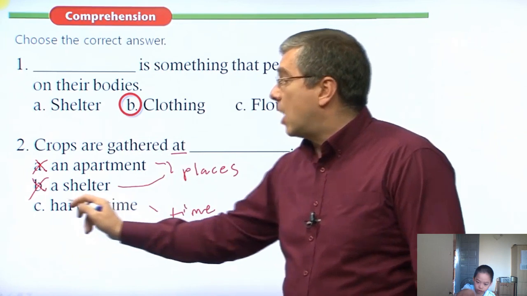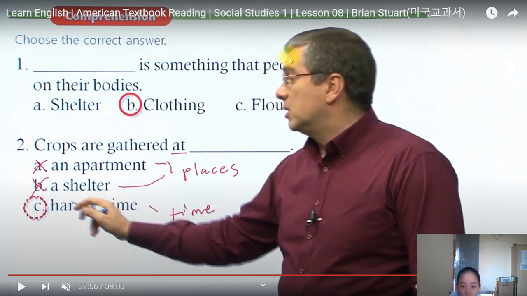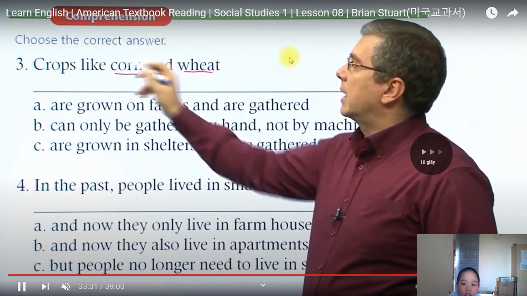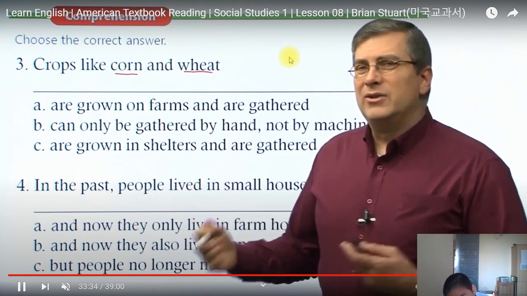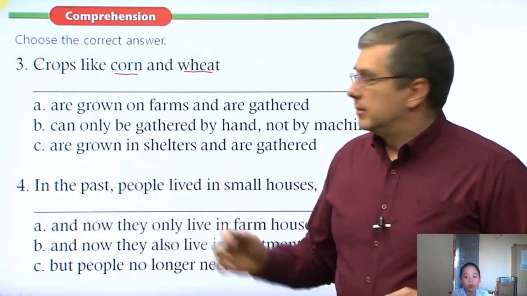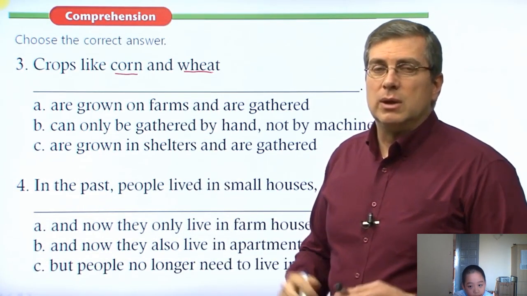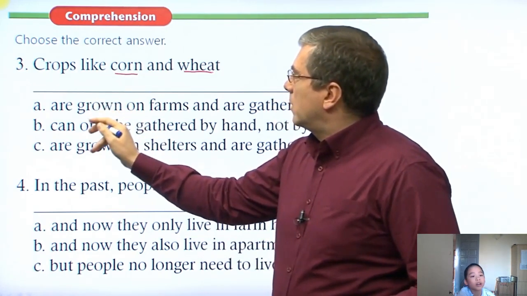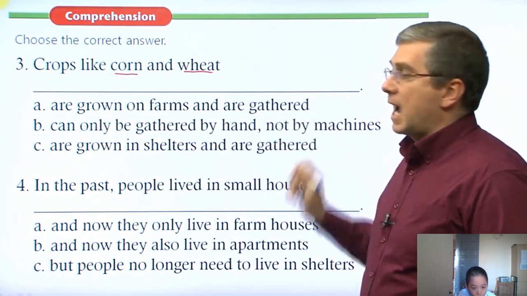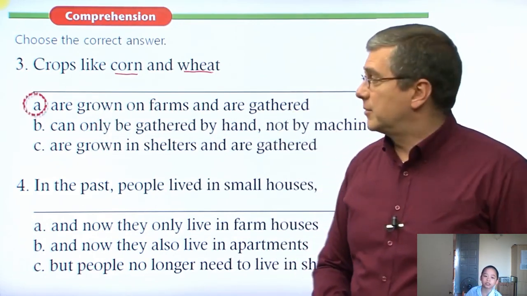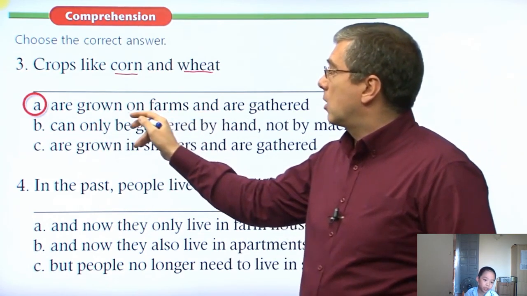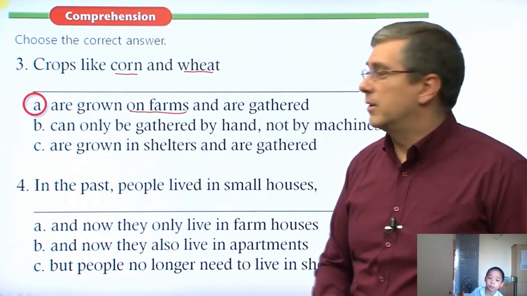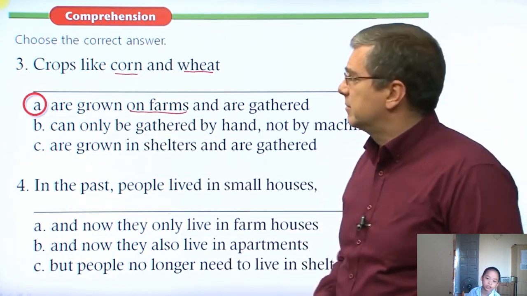Let's go to 3. Crops like corn and wheat. What is true about corn and wheat? Let's see A, B and C. Crops like corn and wheat are grown on farms and are gathered. That will definitely be our answer. Let's go to B and C to practice.